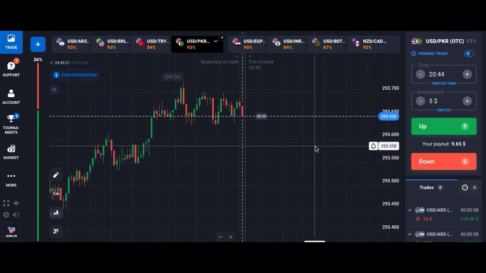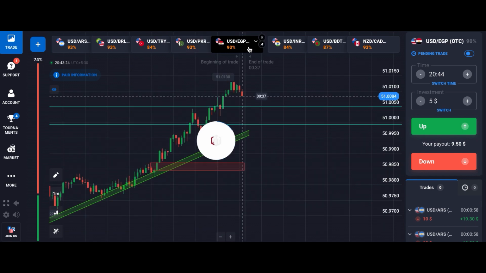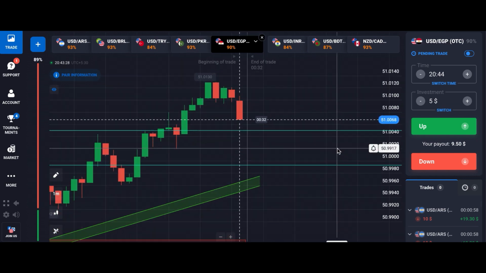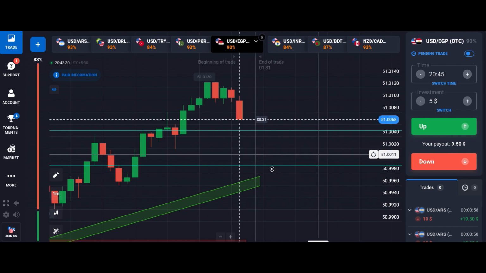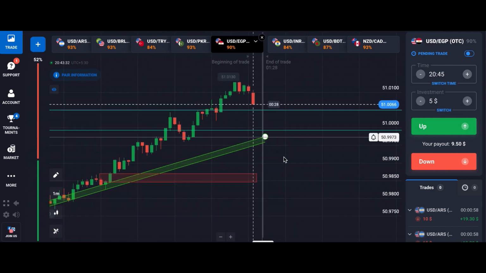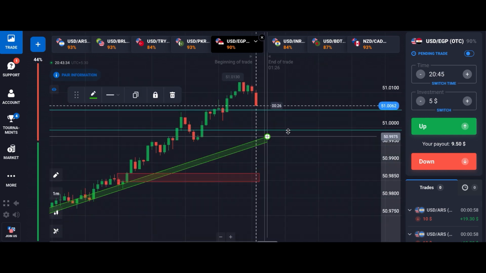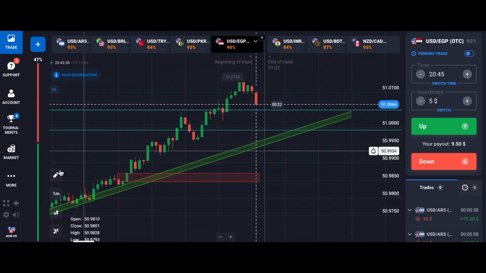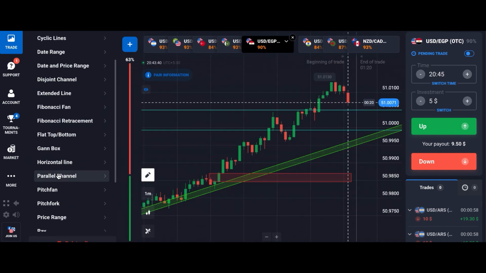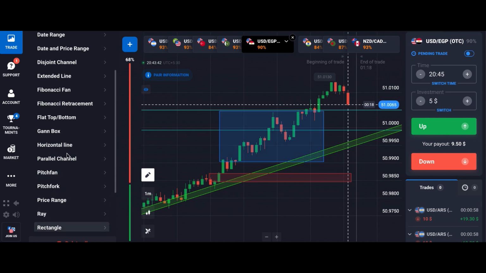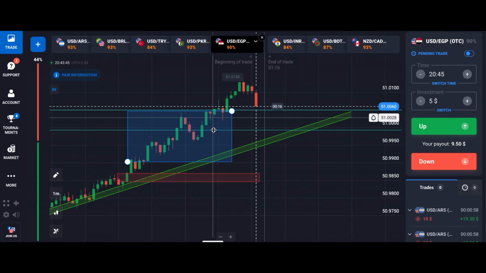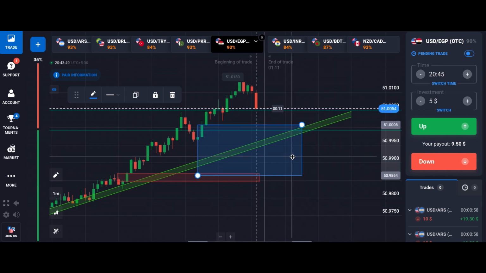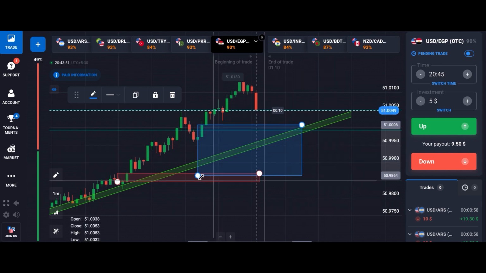If there is any, then we will take it. Now here it is going down again. So let's zoom in on this one so that we can find the exact points, and let me draw a rectangle at this level.